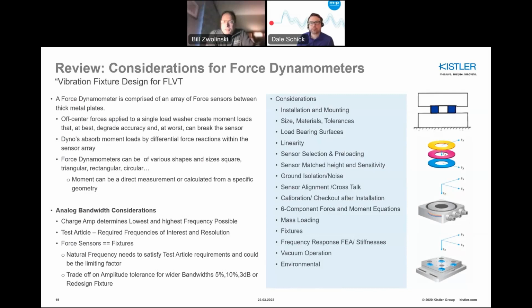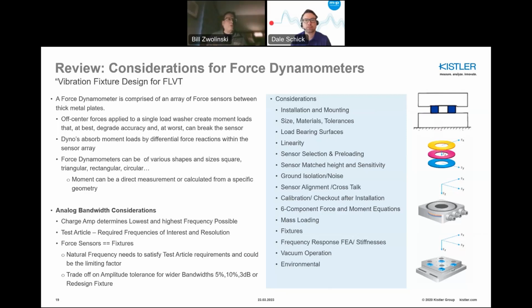They have certain payloads and certain test requirements, and they're able to take these 3 component force sensors and use them as modular building blocks to create different shapes and sizes. It could be circular, rectangular, triangular dynamometer plates.